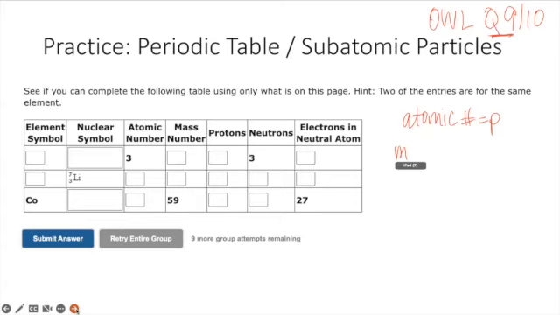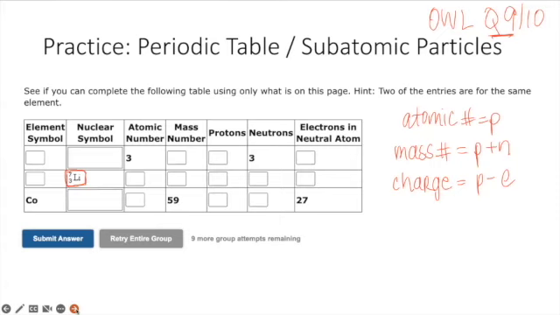We know that the mass number equals P plus N. We know that the charge equals P minus E. So if we're only given a few things, we can figure out everything else here. Nuclear symbol, that's the notation that I was describing earlier. I forgot the name of it until I just saw that there.